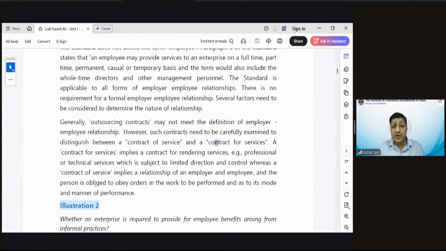And A should be obliged to obey orders in the work to be performed. Further, the mode and manner of performance will also be within the control of the company. So these are some of the things that you generally look at as far as employer-employee relationship is concerned. Further, let's also look at one more example through which we'll get more clarity on this.